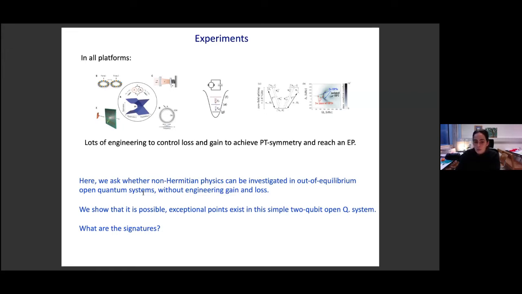In this work, we show that it was possible, and moreover, that it exists in this very simple 2-qubit system with realistic values for the different parameters. This is really the main achievement of this work. And so now the question is, what are the signatures in this open quantum system?